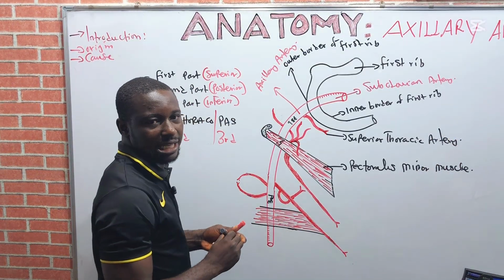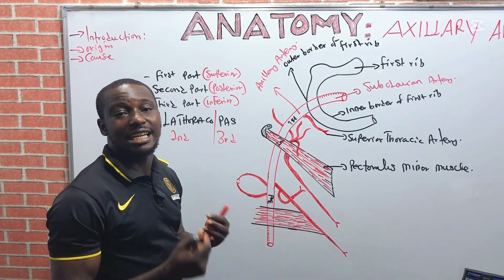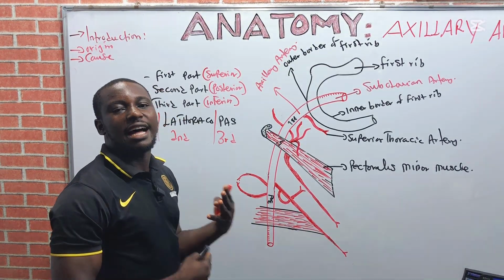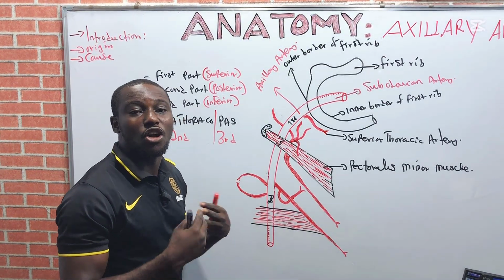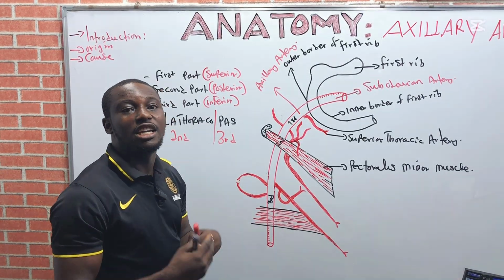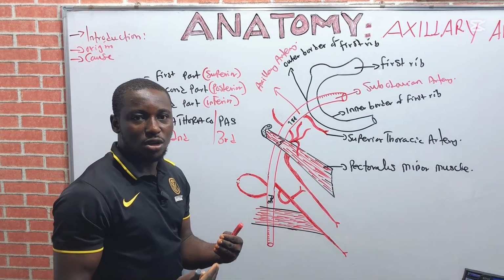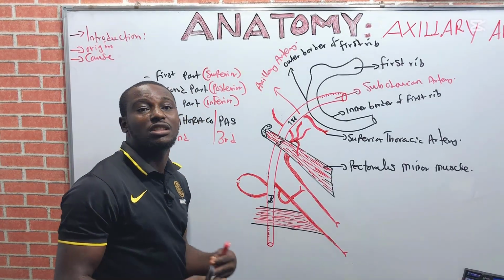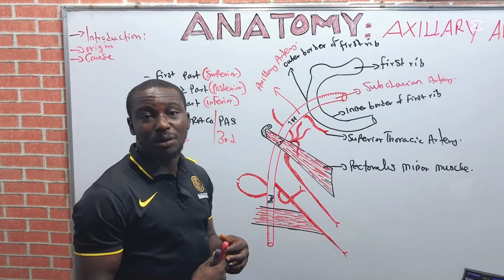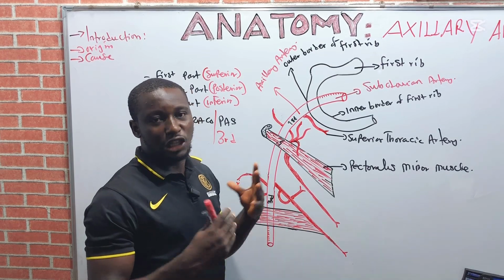The superior thoracic artery is actually the smallest branch of the axillary artery, which arises near the subclavius muscle and passes between the pectoralis minor muscle and the pectoralis major muscle, where it supplies those muscles and also the medial wall of the axilla. You have to understand that the branches of the axillary artery supply the walls of the axilla and also some important structures in the upper limb and the pectoral region. That is what it does, right?